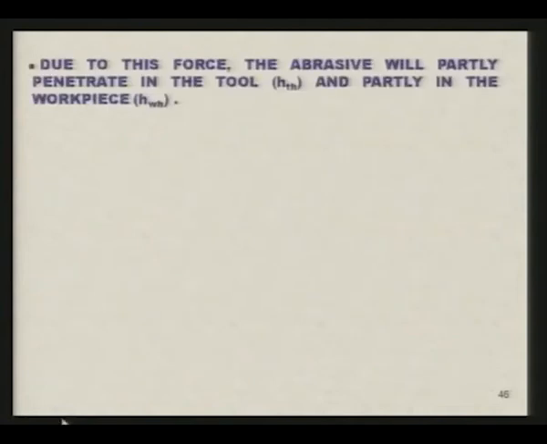Due to this force, the abrasive will partly penetrate in the tool and the depth of penetration is H_Th, and partly in the workpiece, expressed as H_Wh, where W stands for workpiece, h for hammering model.